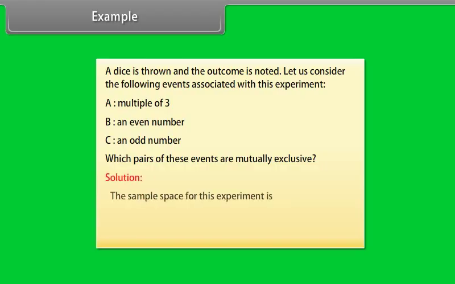Solution. The sample space for this experiment is S is equal to {1, 2, 3, 4, 5, 6}. A is equal to {3, 6}, B is equal to {2, 4, 6}, C is equal to {1, 3, 5}.